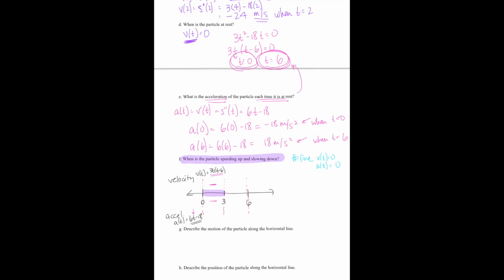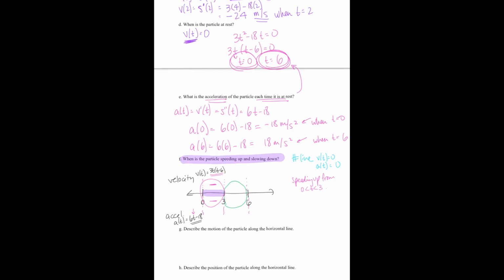Okay, what that tells me is that in this time interval, since those signs are the same, the particle is speeding up. I'm going to write that down. Speeding up from 0 to 3.